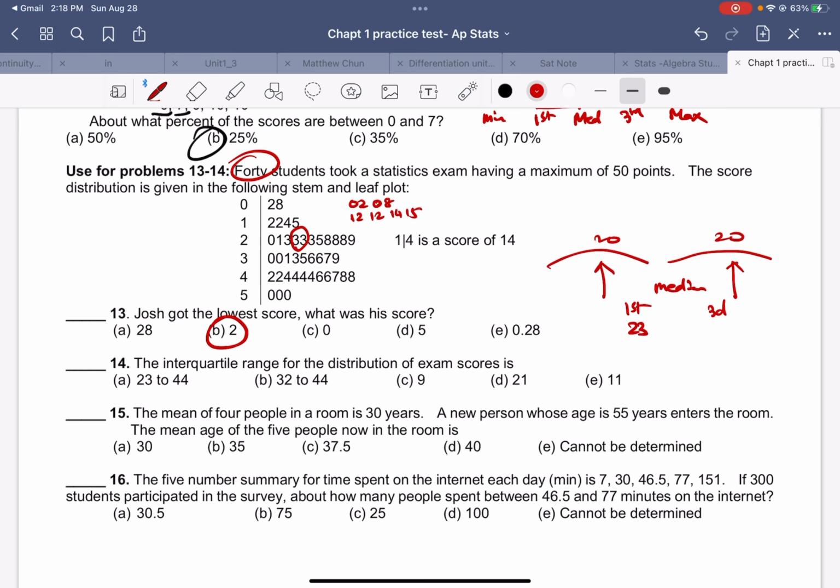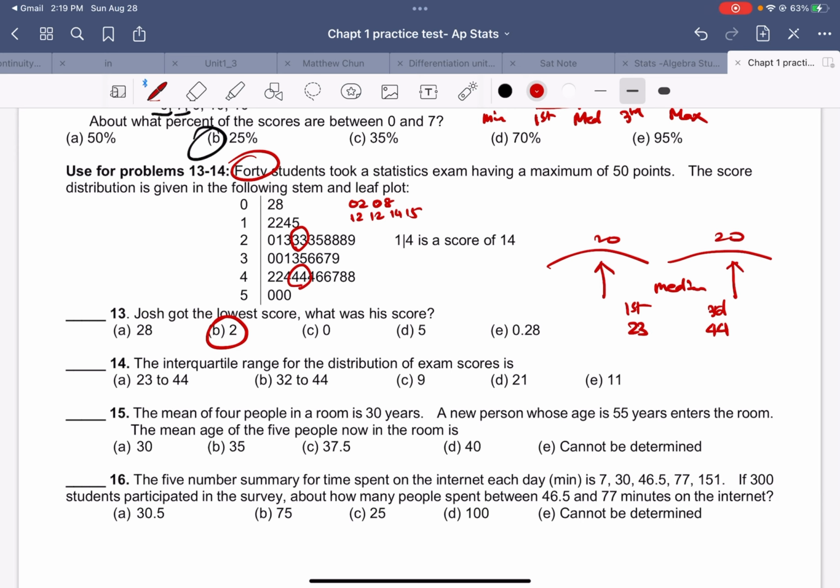Now the third quartile is the 11th and 12th one from the biggest one. 1, 2, 3, 4, 5, 6, 7, 8, 9, 10. 10 and 11, so that's 4, 4. That means the third quartile is 44.